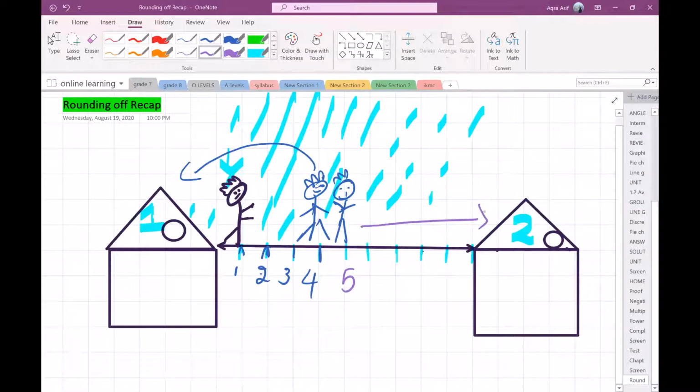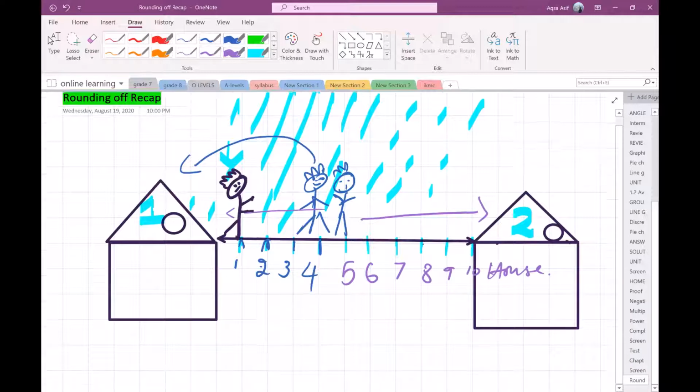He has to take 5 more steps, or he has to take 5 steps back. So it's better to reach the destination, right? Similarly, if he was at the 6th, 7th, 8th, 9th, or 10th step, he will move forward to house number 2, right? The same concept is applied in the rounding off concept.